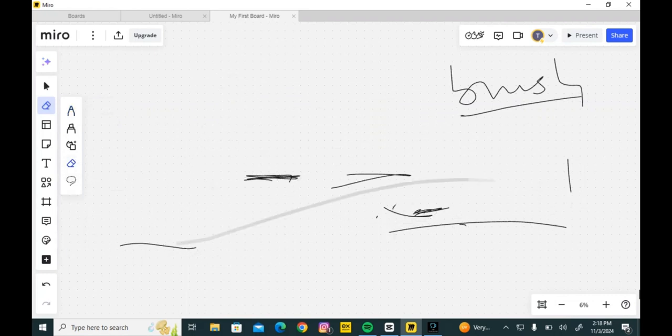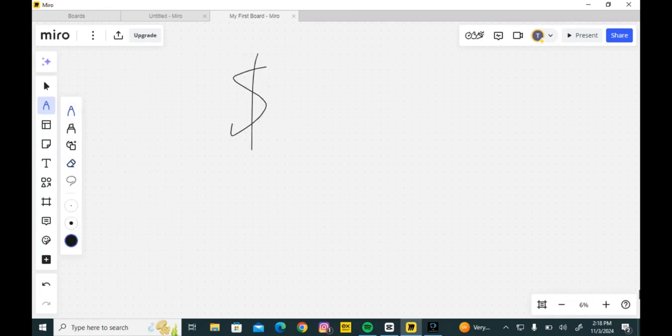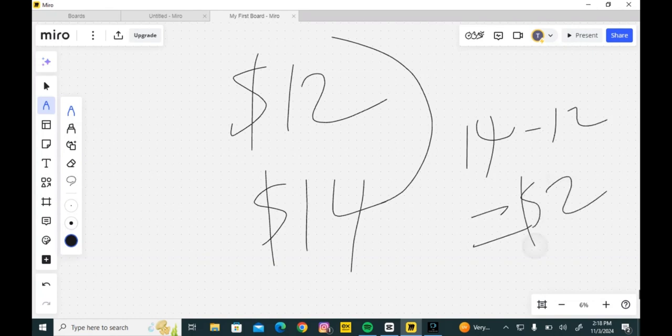So let me give an example. You buy a toothbrush for $12, and you come back to sell that toothbrush for $14. So what's the difference between these two prices? 14 minus 12 is equal to $2.